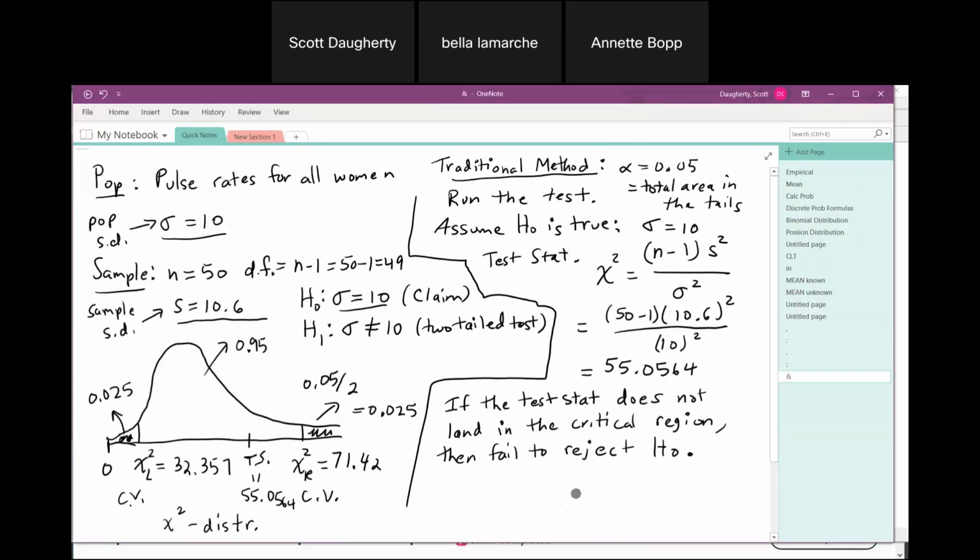Now, why am I failing to reject the null hypothesis? Because what this is indicating is that 10.6, my sample standard deviation, is not that far from my assumption about the population standard deviation being 10.